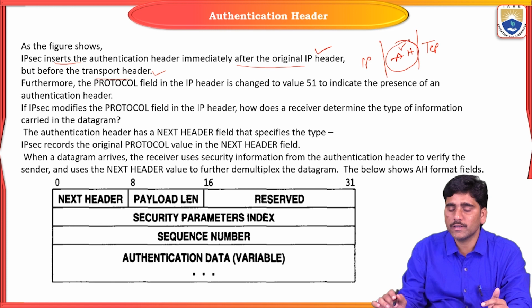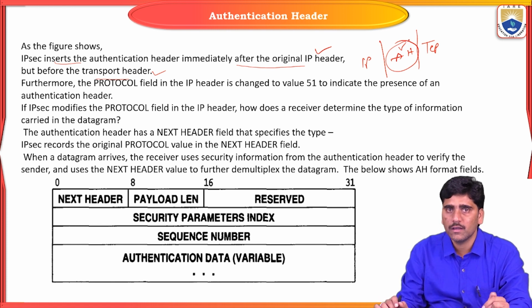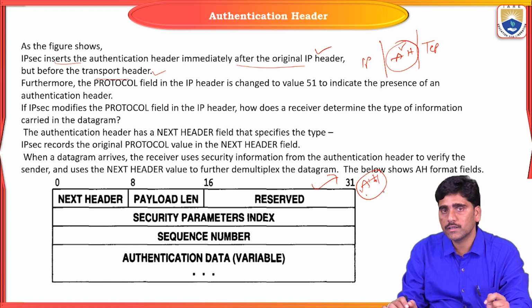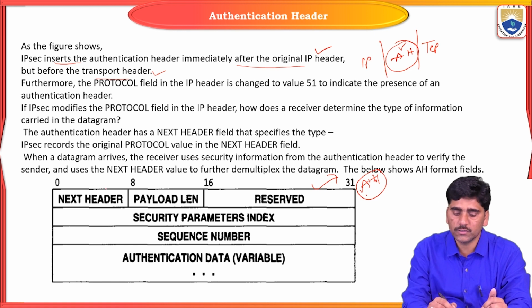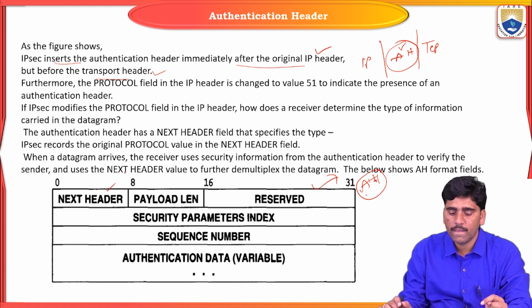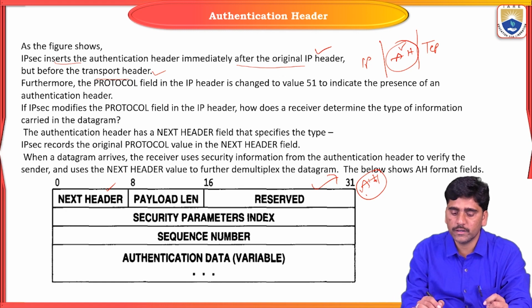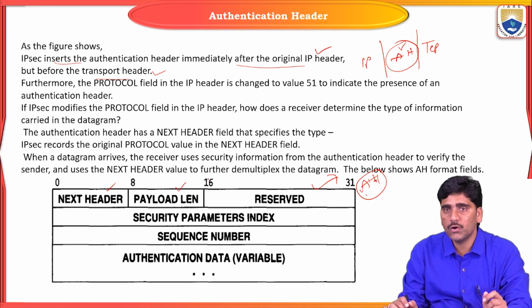So what does the authentication header actually contain? This diagram shows the authentication header fields. So what are the fields? The first field is next header, and the second one is payload length.